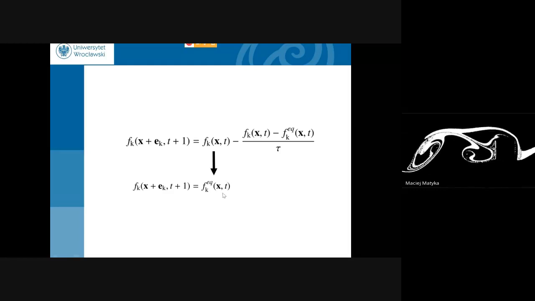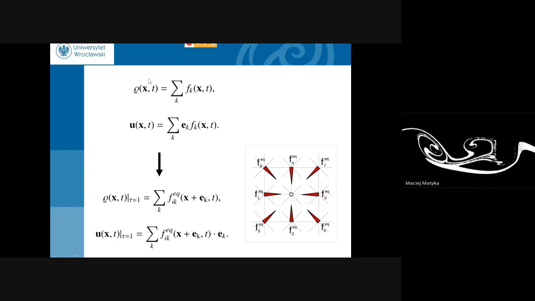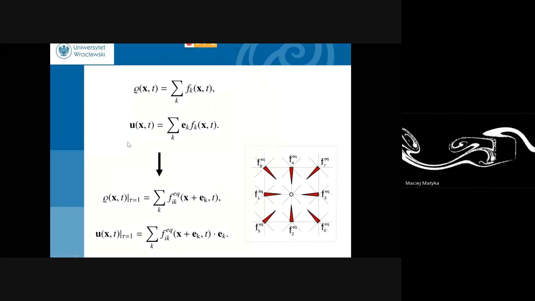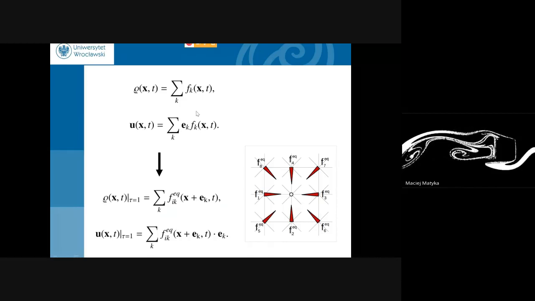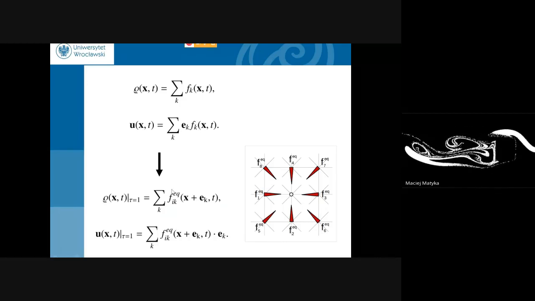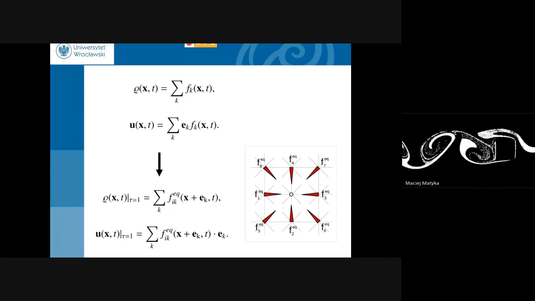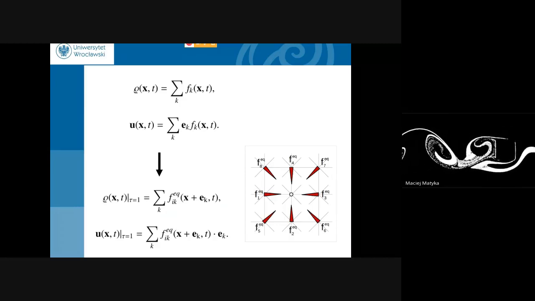So basically, if you want to calculate the macroscopic parameters, density and velocity, you no longer need the distribution function from the lattice Boltzmann. You just need to calculate the equilibrium distribution function, which, as we know from the one but previous slide, is a function of macroscopic velocity and density.